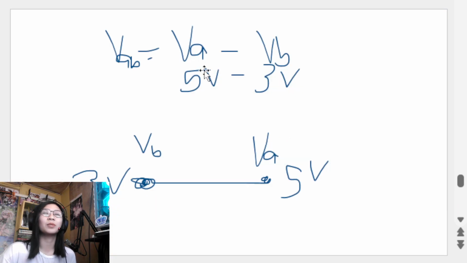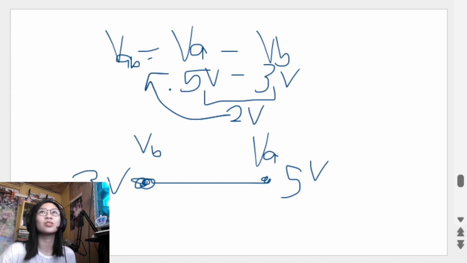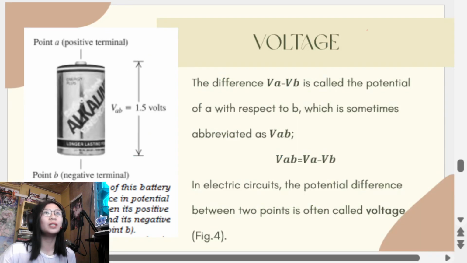So if we have potential 1 and potential 2, the difference between them is the voltage. Voltage is actually the potential difference, or what is left between your potentials once they are connected with each other.